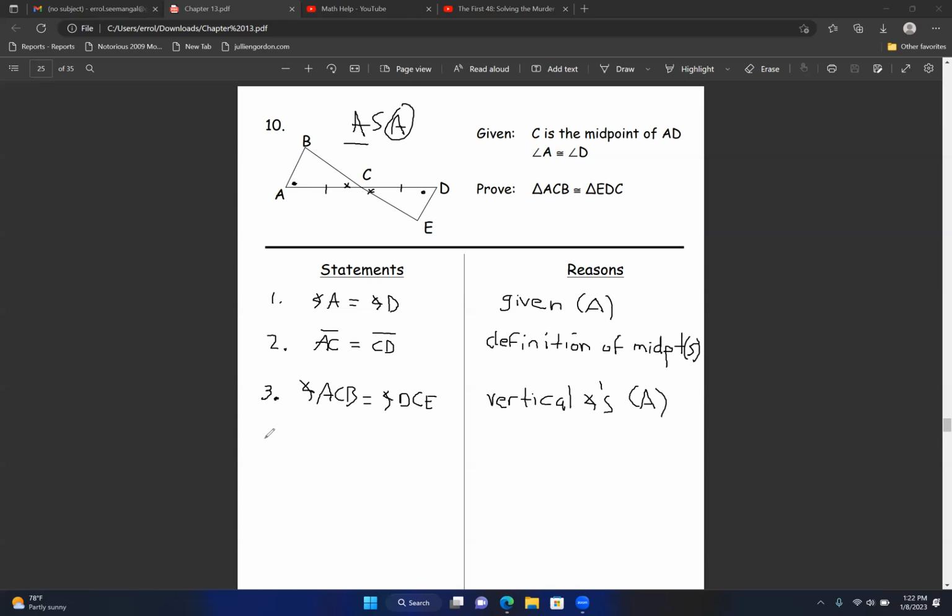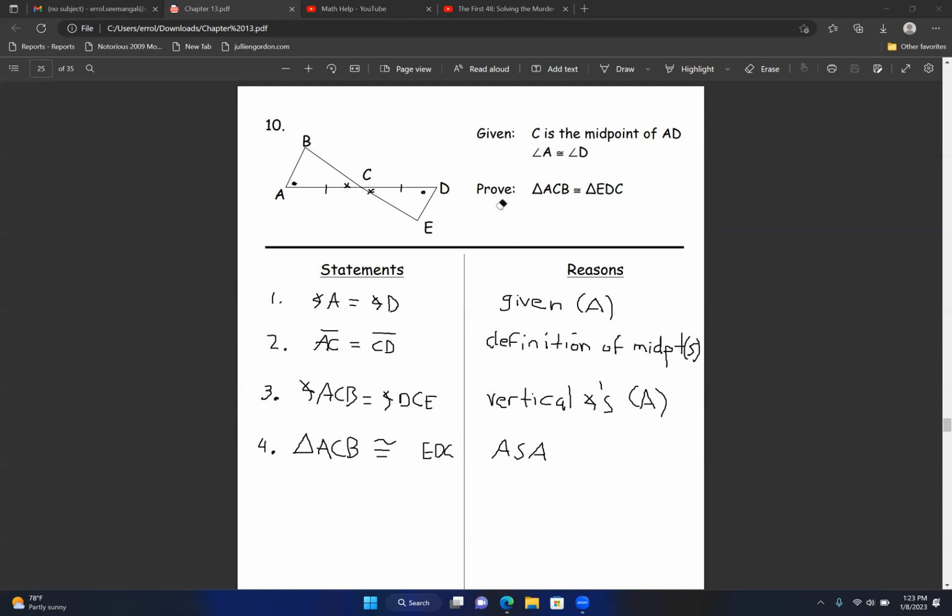So what's number four? Triangle ACB is congruent to triangle EDC by ASA congruency. Now the questions that you will do for homework won't be so easy, and it won't always be ASA.